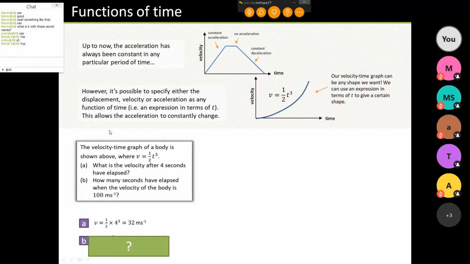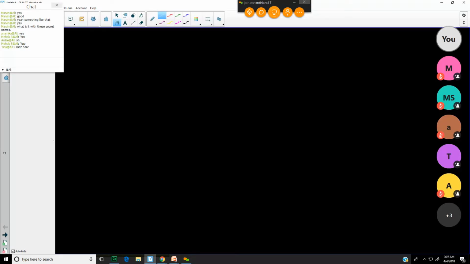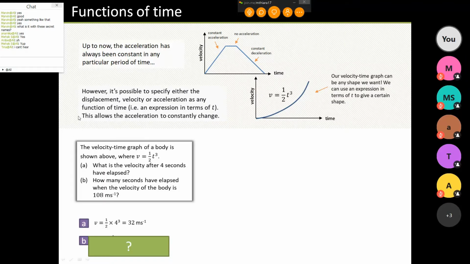Now it says how many seconds have elapsed when the velocity of the body is 108 meters per second. If I switch over to my typing software, v was equal to a half t cubed, and the question is asking how many seconds since velocity was 108 meters per second.